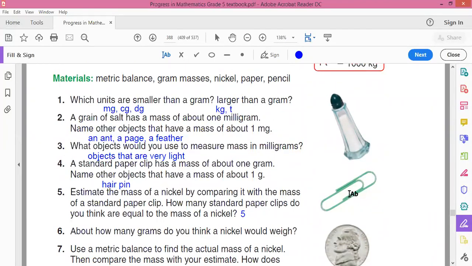Question number 6. Who is the next one? Mohsin now. How many grams do you think a nickel would weigh? Now tell me about how many grams you think a nickel would weigh.